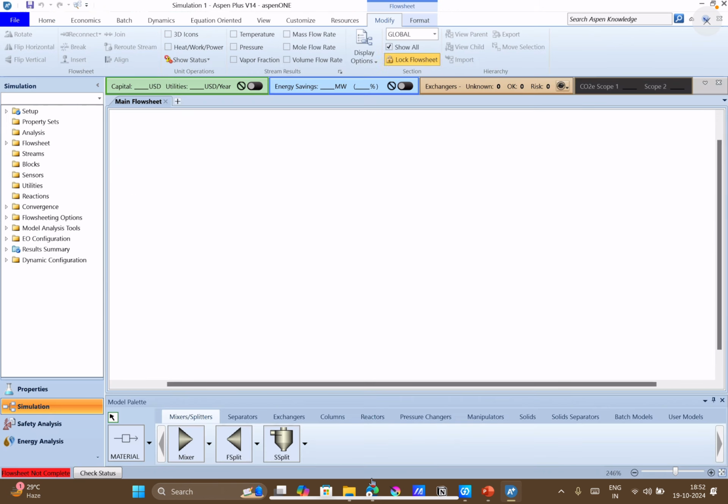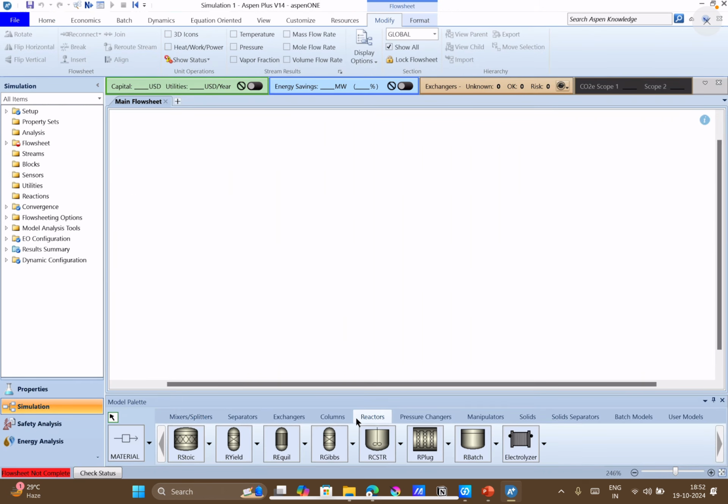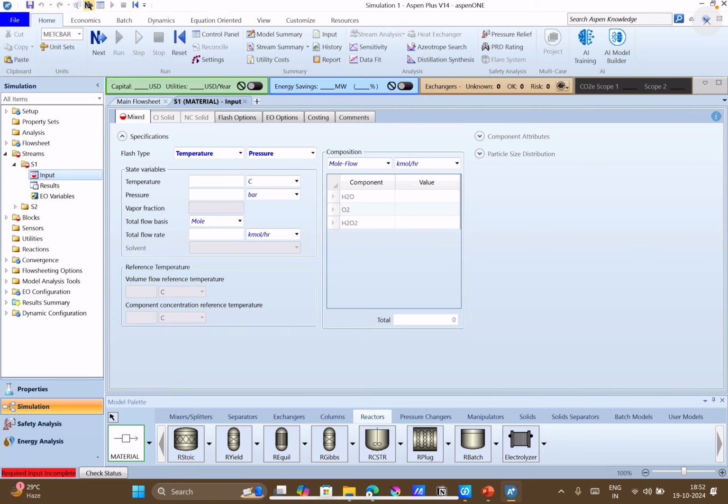So we have to use batch reactor. So for that we will use RBatch. Feed condition.